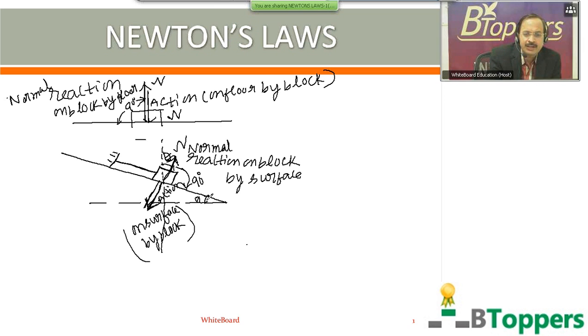This theta is the same as the angle of inclination of the inclined plane to the horizontal. But of course, here also the action and reaction forces are the same in magnitude. So if N is the magnitude of the normal reaction force on the block by the inclined surface, then the magnitude of the force exerted on the surface of the inclined plane by the block will also be equal to N.